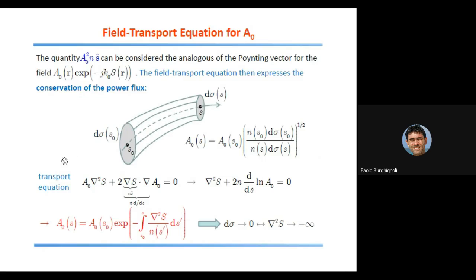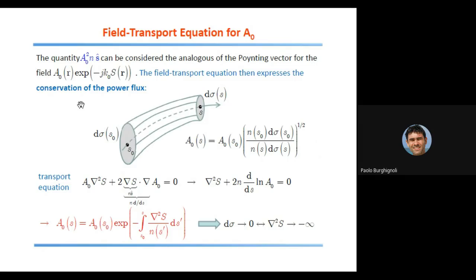So it's a hydrodynamic analogy with the movement of a fluid, but you can also think of the Poynting vector associated with an electromagnetic field, whose lines of force give you the flow of power, which is conserved along any tube.